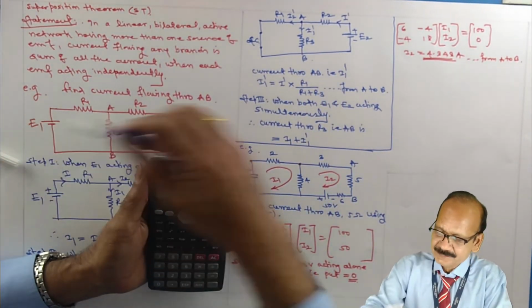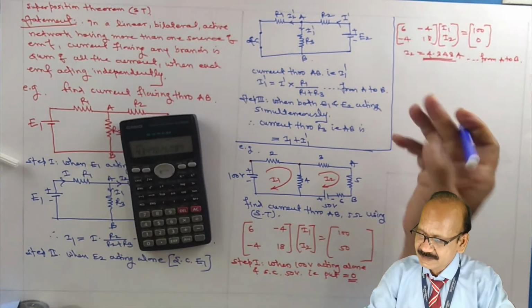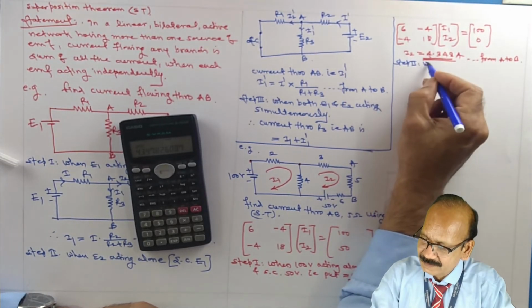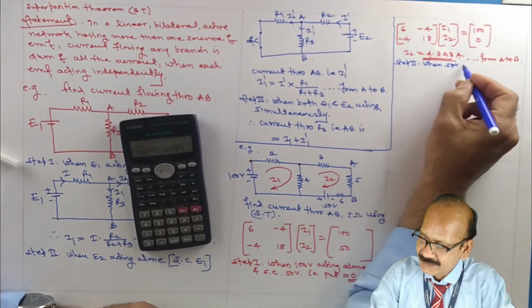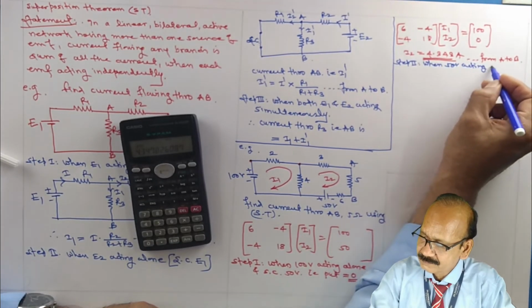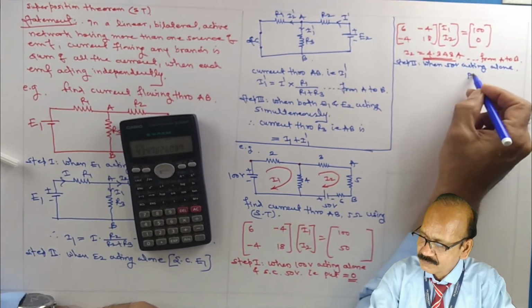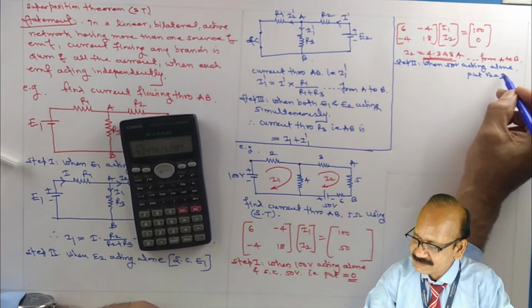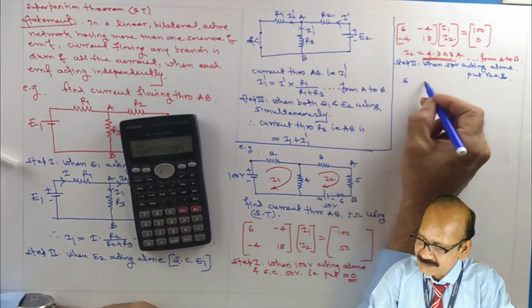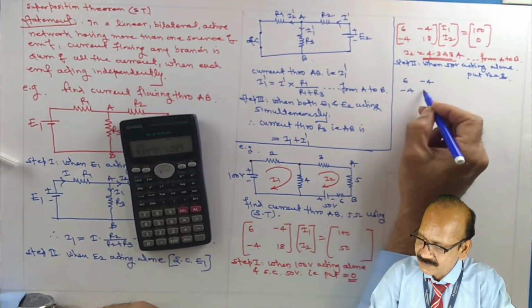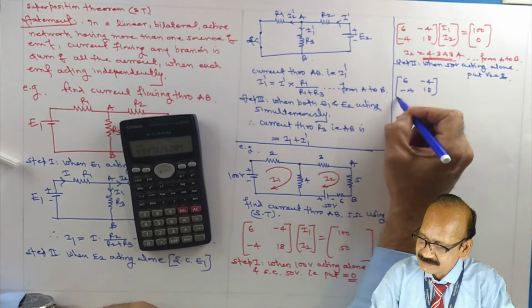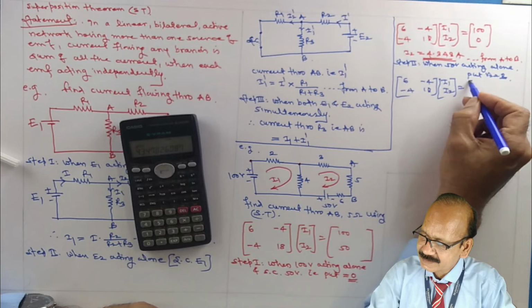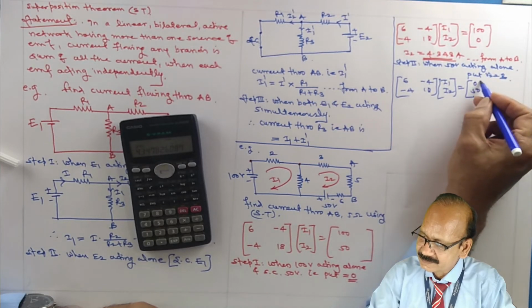Now step 2. When the 50 volt source is acting alone, put V2 equal to 0, that is replace 100 by 0. So it becomes 6 minus 4, minus 4, 18 as it is, I1, I2, and this is 0 and 50.